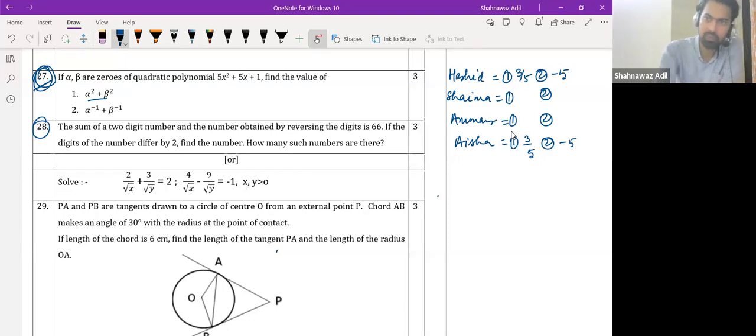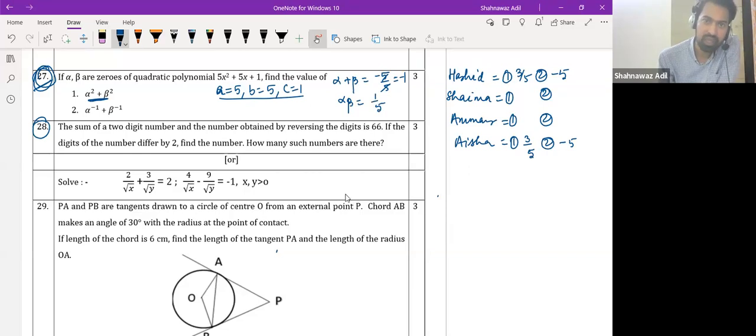Can you show how to do it? Okay, so this one we did, right? So A is 5 and C is 1. Whenever you have any doubts, please don't hesitate to ask. And for alpha square plus beta square, we know that alpha plus beta is minus 5 by 5, which is minus 1. We know that alpha into beta is 1 by 5.